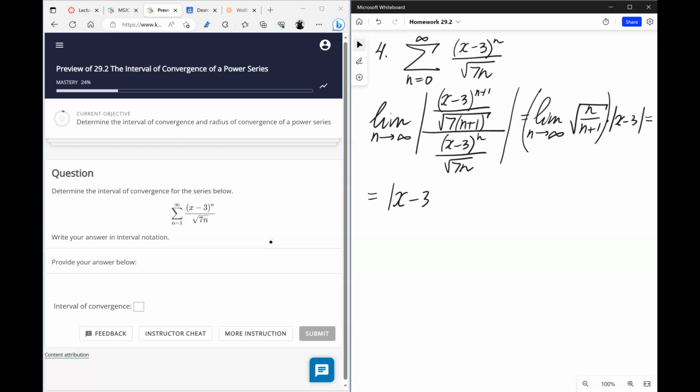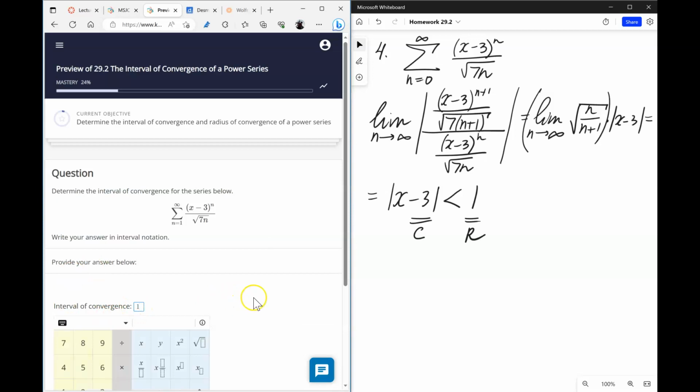So once again we just have this, and it has to be less than 1. So again, this is my center, this is my radius. So the radius is also 1.